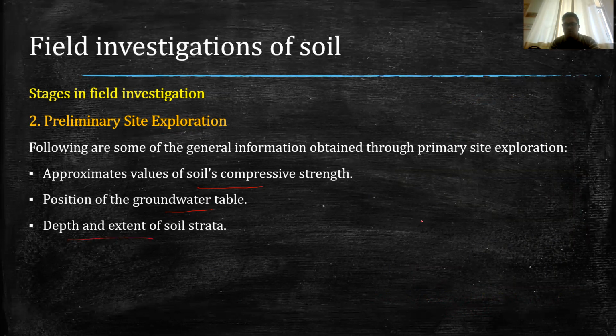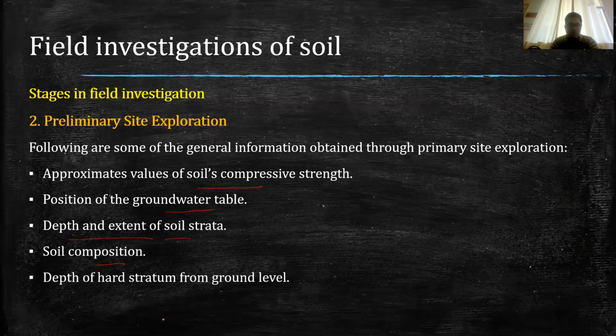I mean, if in the ground there are different layers of soil, then we also try to find out the depth of a particular soil layer of the soil strata, and what is the composition of the soil, whether it is sandy soil or clay soil or a mixture of clay and silty soil or sandy or silty soil. So all this composition we try to find out in this stage.